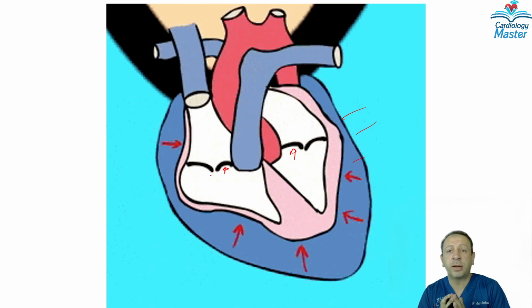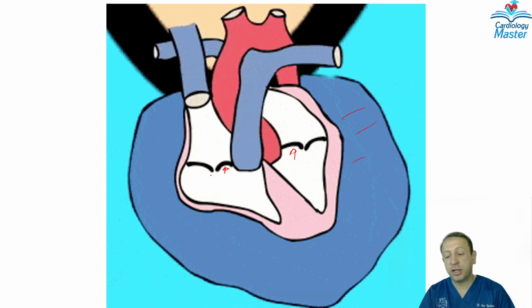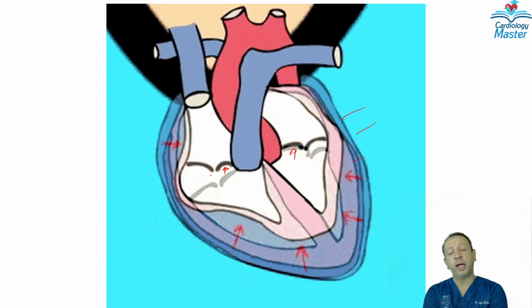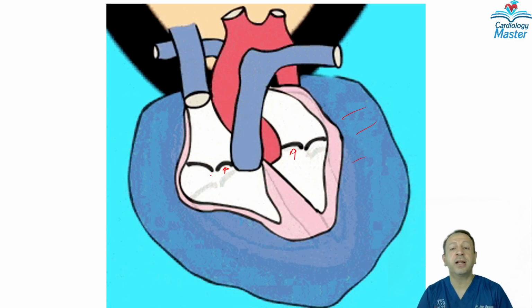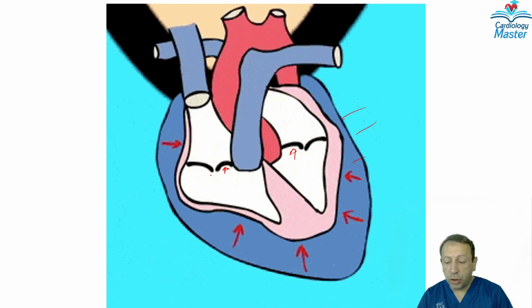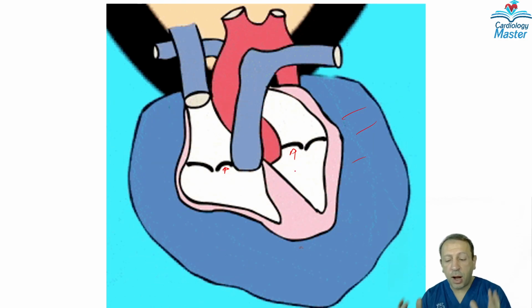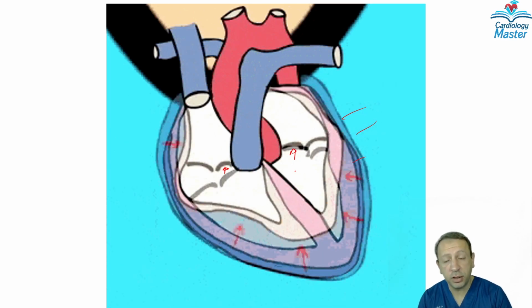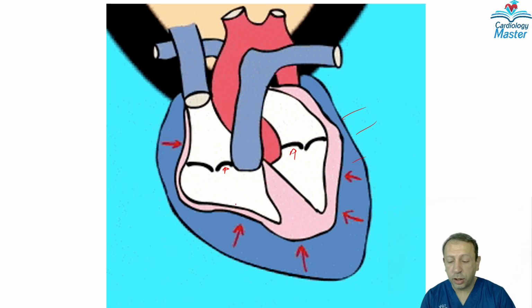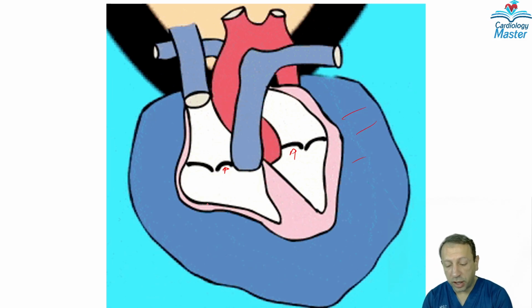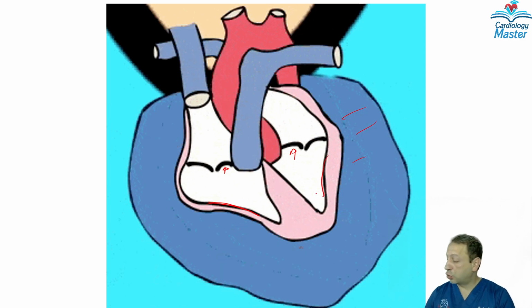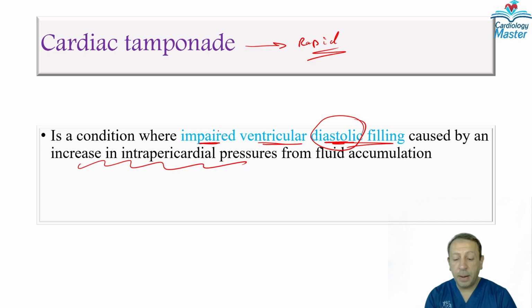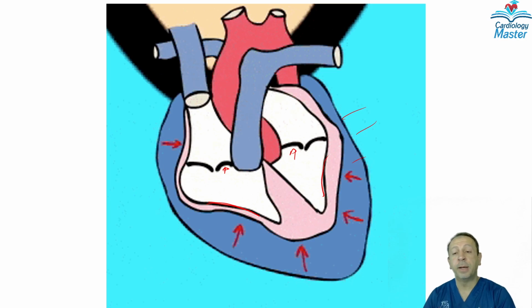So systole is not affected much by this rapid accumulation and high intrapericardial pressure. But during diastole, when the ventricles are filling, there will be high pressure from outside the ventricles, from the intrapericardial space, compressing the heart during diastole, thus limiting the filling of the ventricle. So there will be limited and impaired ventricular diastolic filling caused by this high intrapericardial pressure.